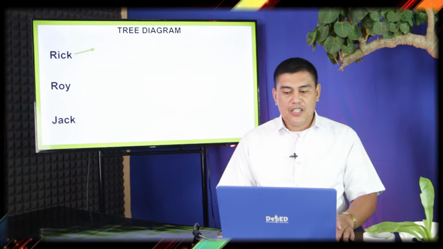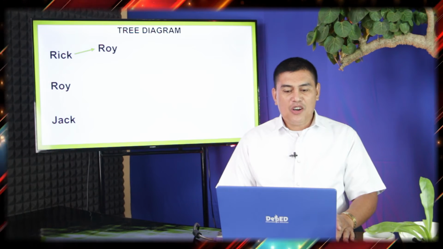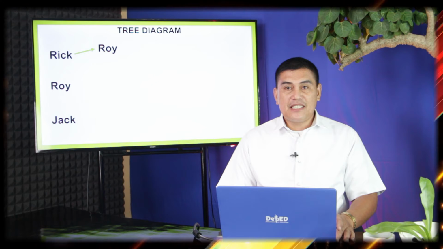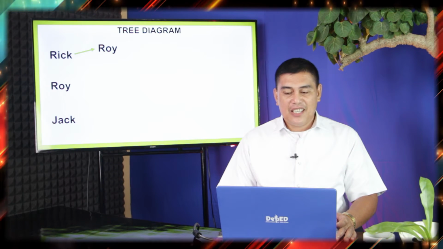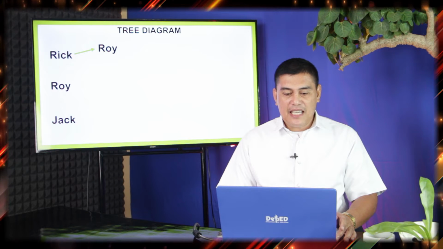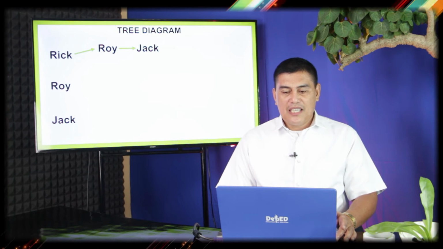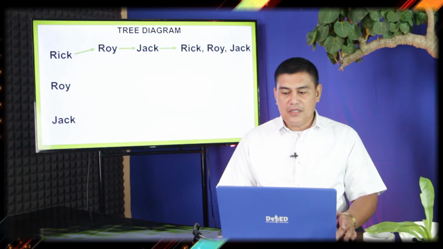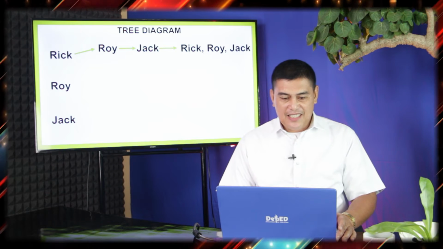It could be Roy or Jack. Now, kung si Roy ang nasa gitna, sino ang posibleng nasa kaliwa ni Roy? Walang iba kundi si Jack. So, the possible arrangement would be Rick, Roy, and Jack.